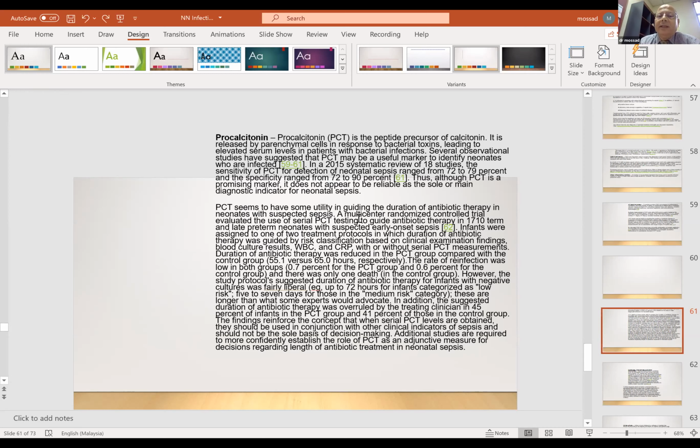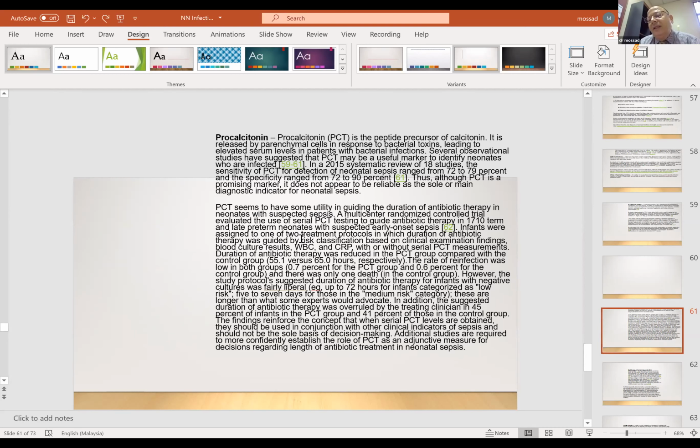A multi-center randomized controlled trial used serial procalcitonin testing to guide antibiotic therapy, in term and preterm infants with suspicion of early onset sepsis, assigned to one of two groups. It is a good study for that. So you can use it alone or together if needed.